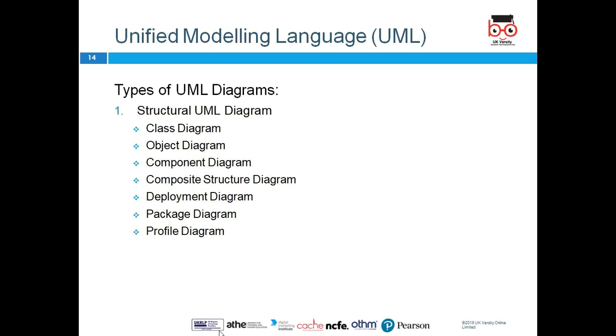Have you heard about any class diagram, object diagram, component diagram? No. Okay, no worries. And have you heard about object-oriented programming? Can you tell me the difference between object-oriented programming and non-object-oriented programming?